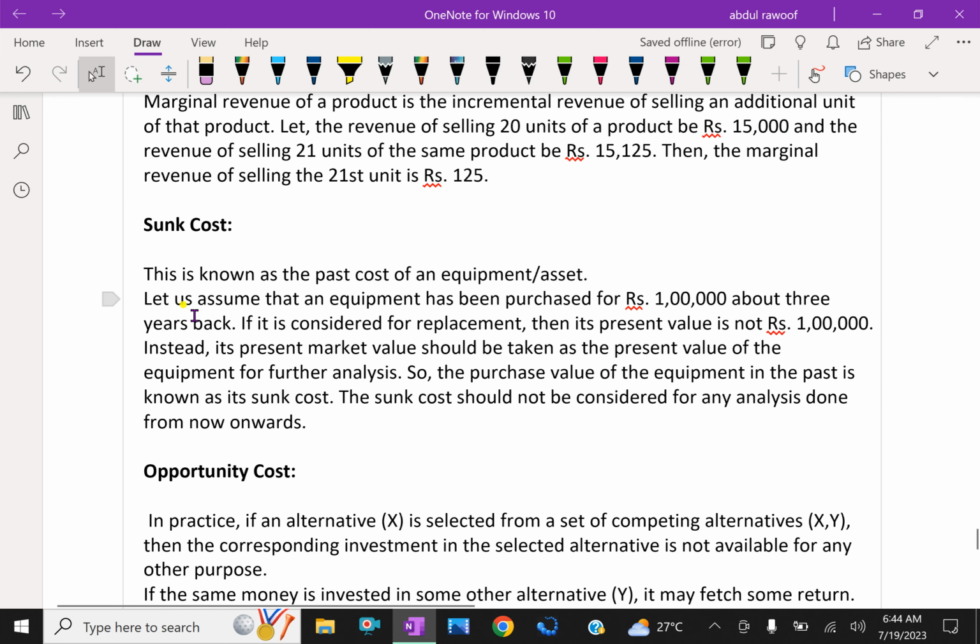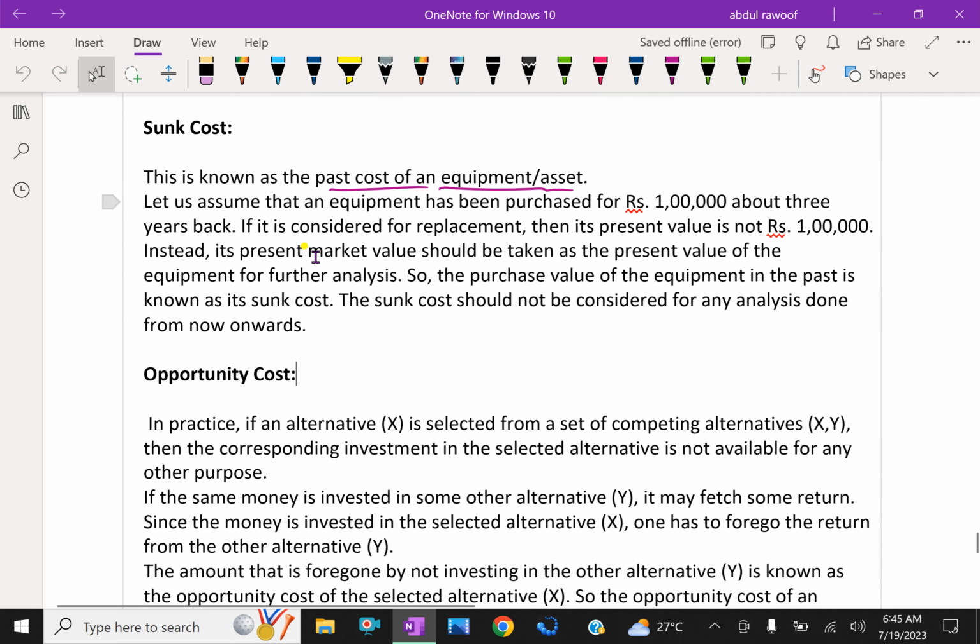Next, sunk cost. This is known as the past cost of equipment or asset. Let us assume that an equipment was purchased for rupees 1 lakh about 3 years back. If it is considered for replacement, then its present value is not rupees 1 lakh because of depreciation and other things.